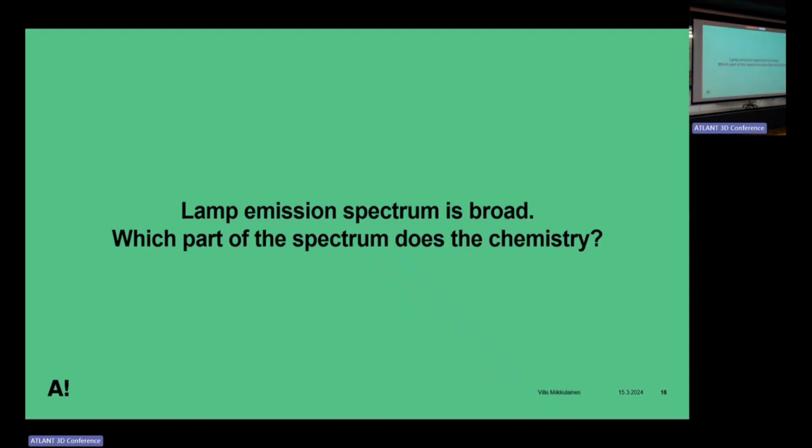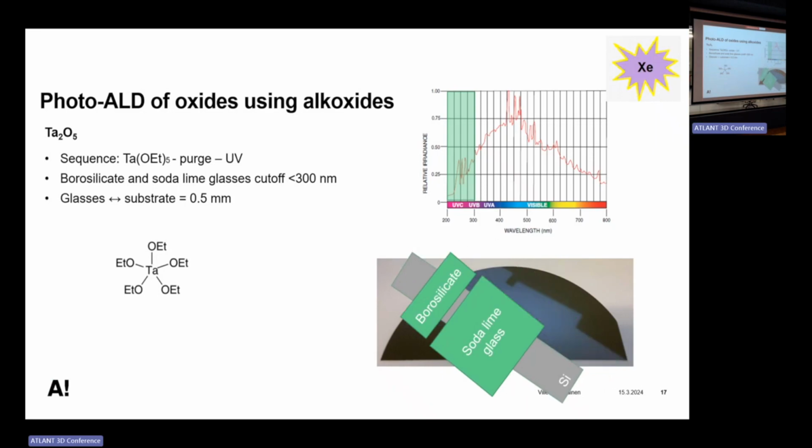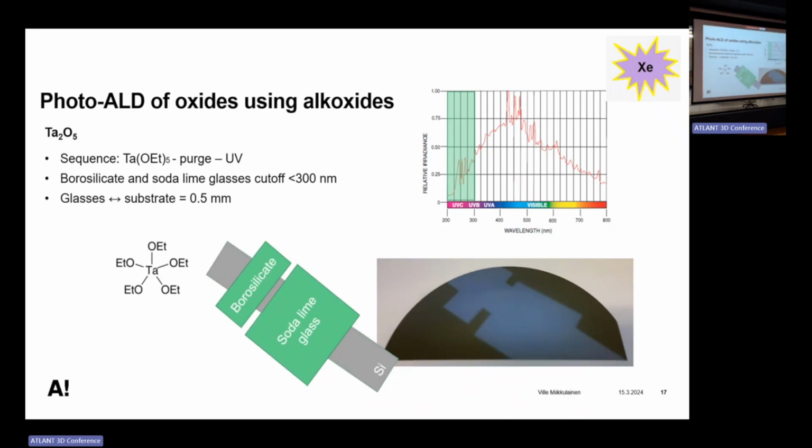I would say we can exclude that possibility with this result, because when we block or filter out this part of the emission spectrum that is minimal to the rest of the emission, we can cut off all the deposition.